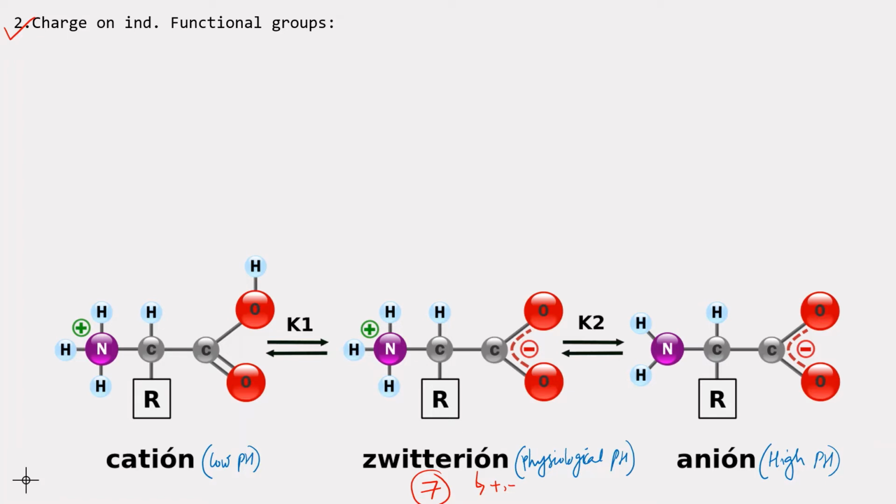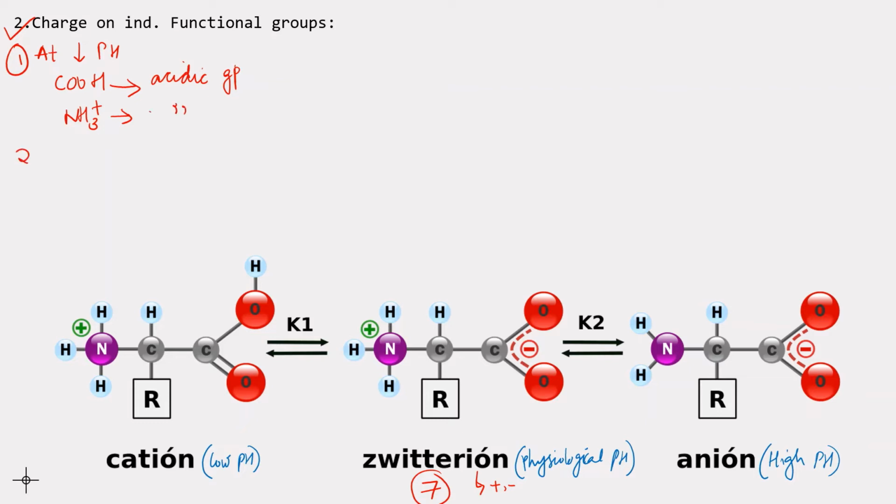Now when we look at the first case, that is at low pH, we see that the carboxylic acid is COOH. Because it is still able to give a proton, this is an acidic group. And the amino group is in the NH3+ form, which is a plus charge. That means it is also able to give the proton.